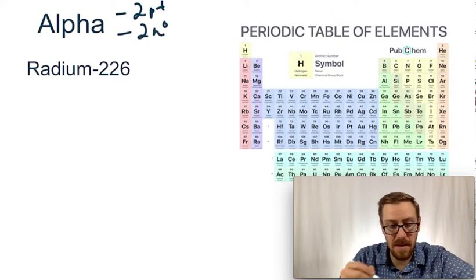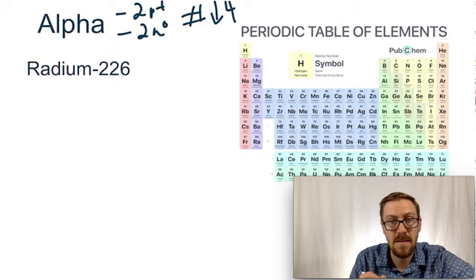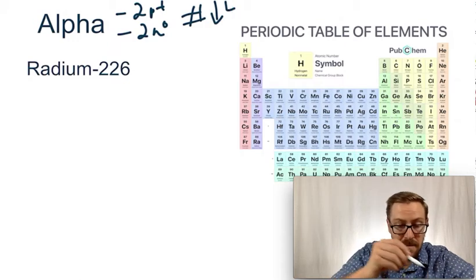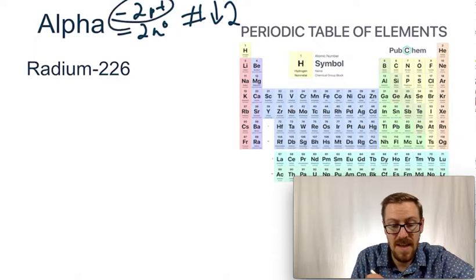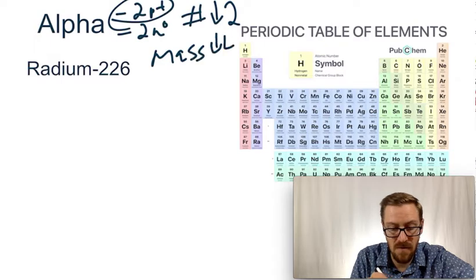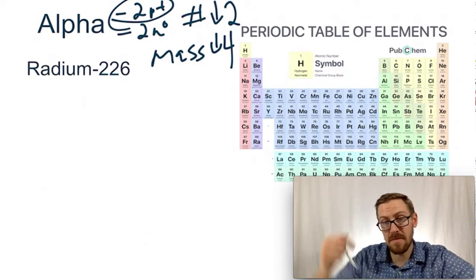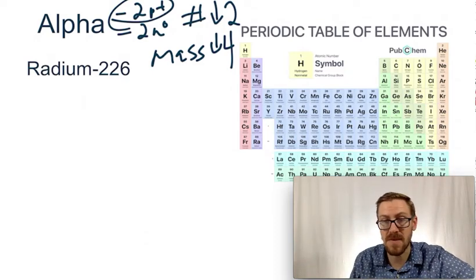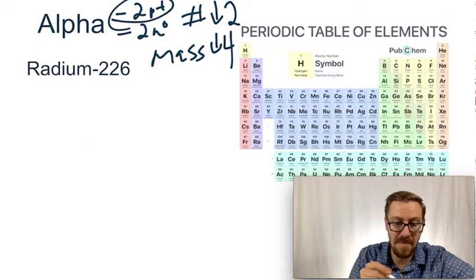So your atomic number goes down 2 because there are 2 protons, and your mass goes down 4 because protons and neutrons both have mass. They're losing 4 total particles that have mass.